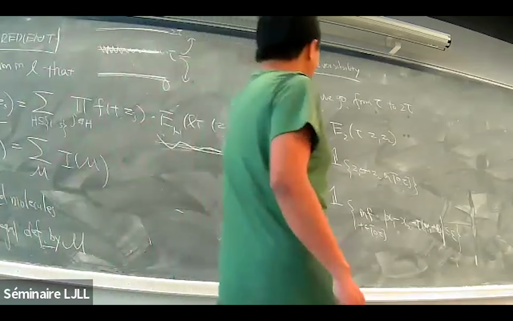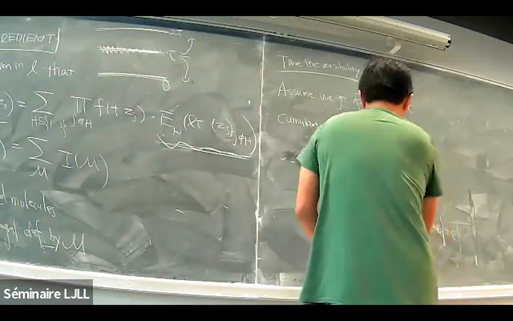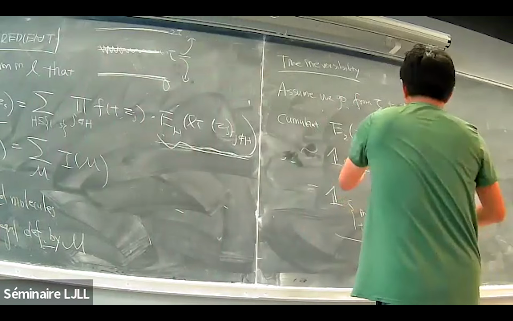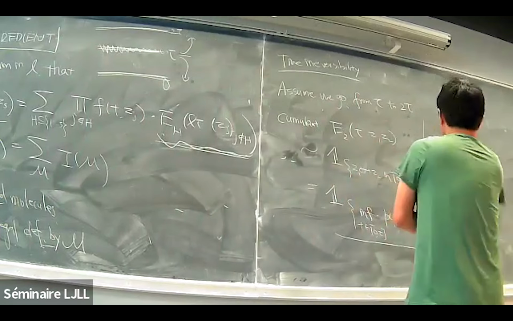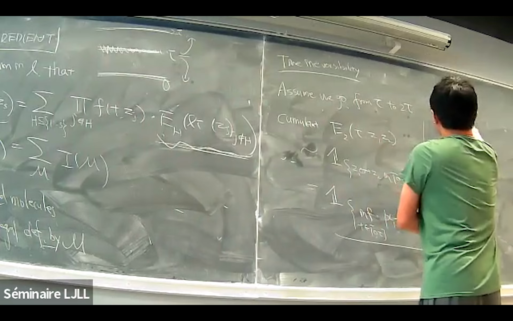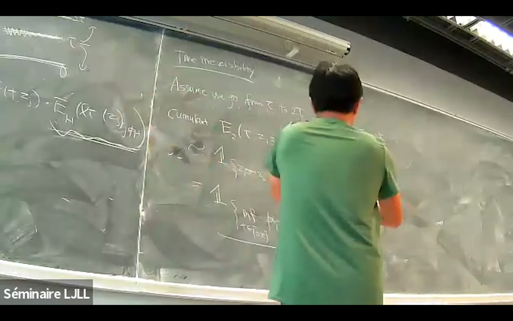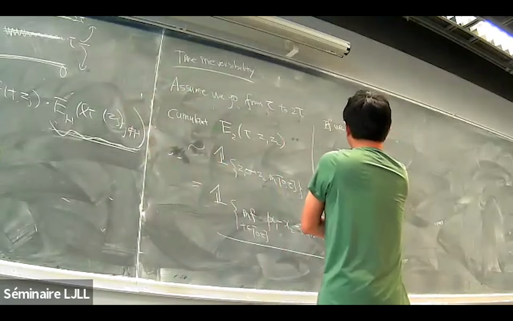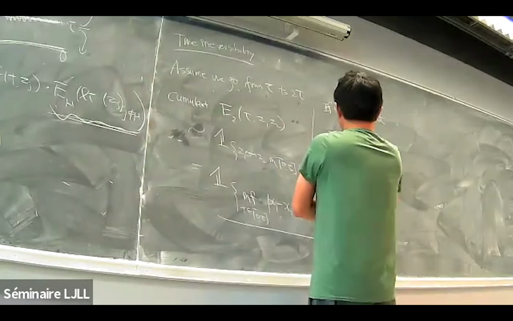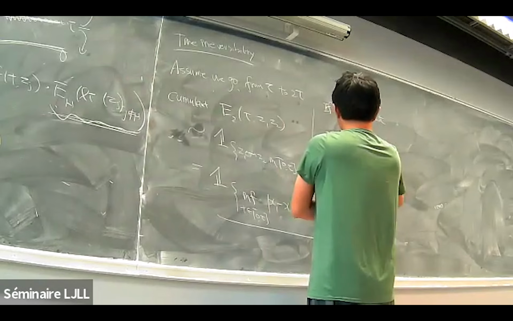Okay, so if you consider this indicator function and evolve forward from tau to 2 tau, and then let's say you have a collision at time 2 tau involving particle 1 and particle 2.